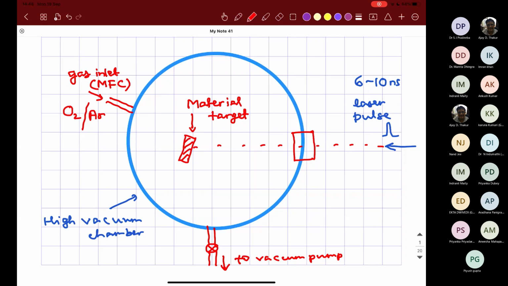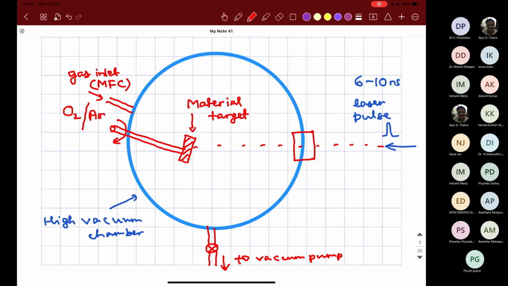This target material would be connected in such a manner that it could be rotated or rastered. The reason being, if the laser spot is falling on the same spot of the material, it will create color centers and eventually the material could degrade. Plus this is very high energy deposition. We'll come to some of these details.